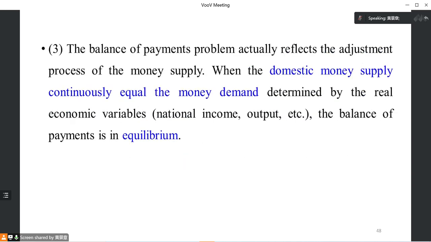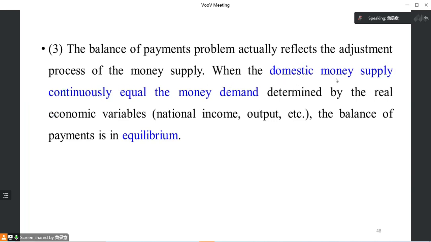Let's go on. The balance of payments problem actually reflects the adjustment process of money supply.